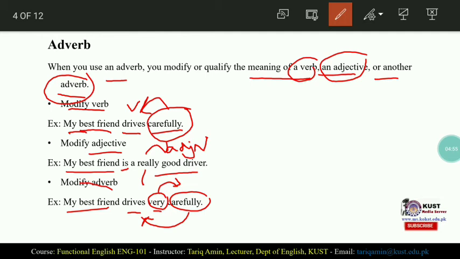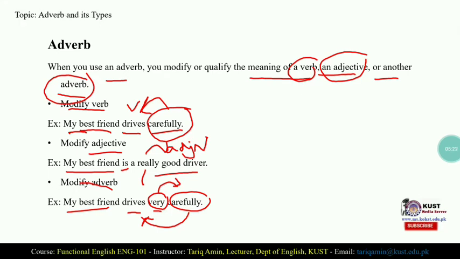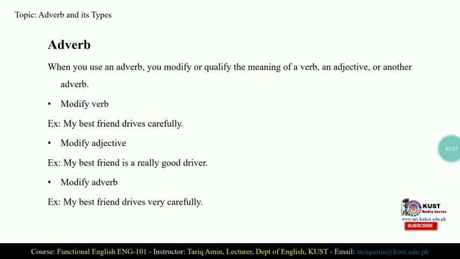So in this example we have two adverbs. The adverb carefully modifies the verb drives, and the adverb carefully in itself is modified by the adverb very. So in the first example, carefully is an adverb, in the second example, really is an adverb, and in the third example, carefully and very both are adverbs. This is how an adverb modifies a verb, an adjective, or another adverb.